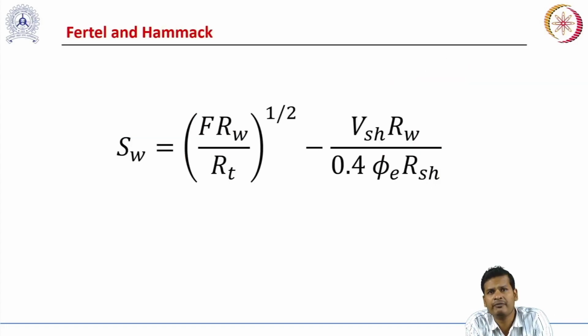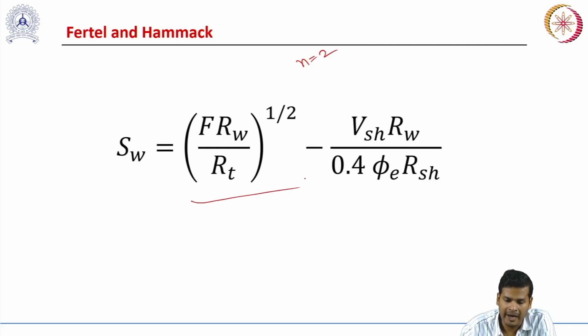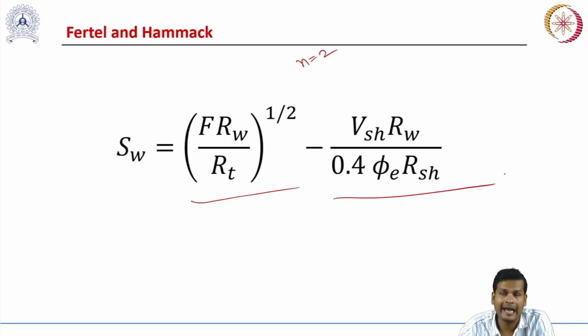Another model is Fertl and Hammack, where the water saturation can be written as the square root of Rw divided by Rt, that is for a value of n equal to 2, minus Vsh into Rw divided by 0.45 into Rsh. So you can see this is our classical Archie equation for water saturation, and this can be called our shale correction.